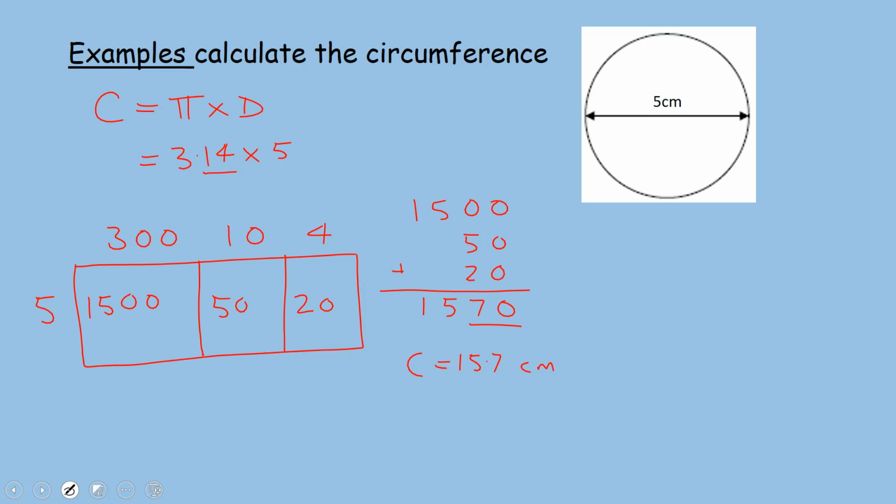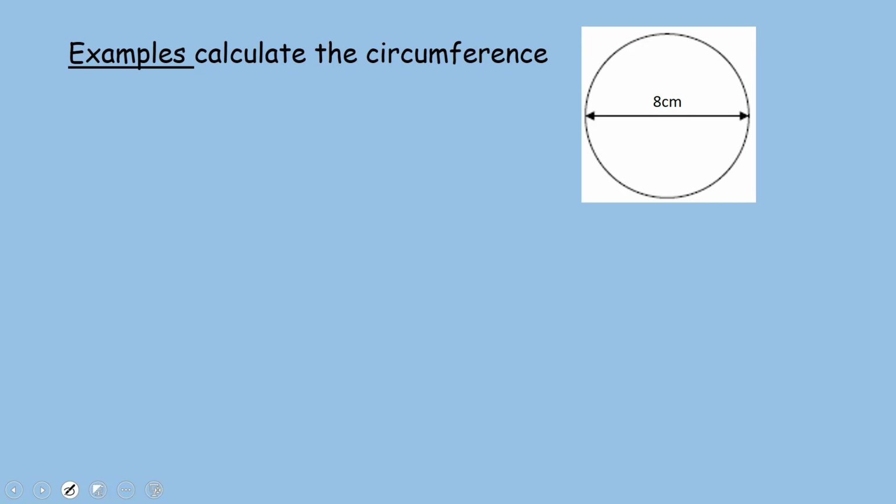So let's have a look at another example. Here we've got a diameter of 8 centimeters. So again, we're going to remember we're using circumference is equal to pi times diameter. C is equal to pi times d. Remember, we're going to use 3.14 for pi, and we're going to multiply that by 8. So the same thing, we're going to partition our 300 and 10 and 4.